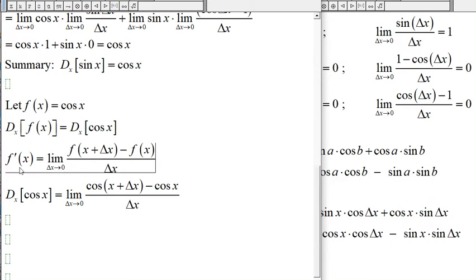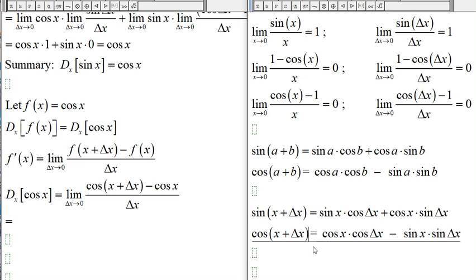Again, this is the definition of derivative, and so we have cosine of x, and in the place of x, we would put cosine of x plus delta x. And so again, we're going to use this formula right here.